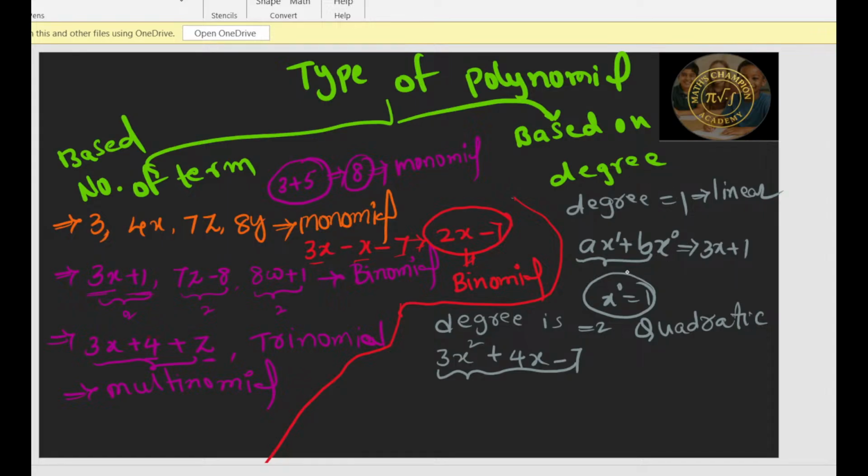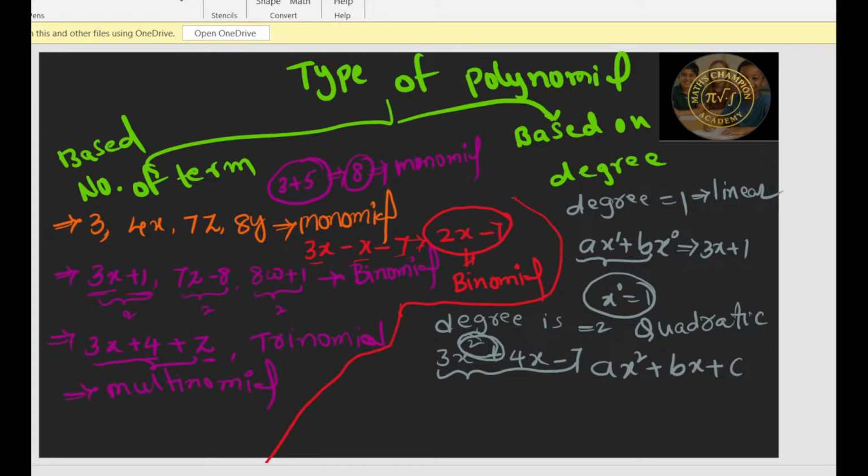Here the highest degree is 2, so we call it a quadratic polynomial. What is the general form? Ax square plus bx plus c.